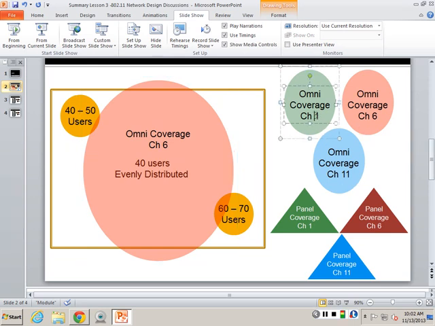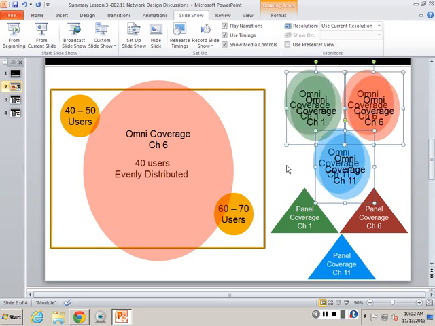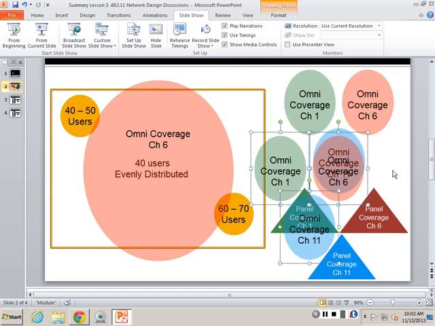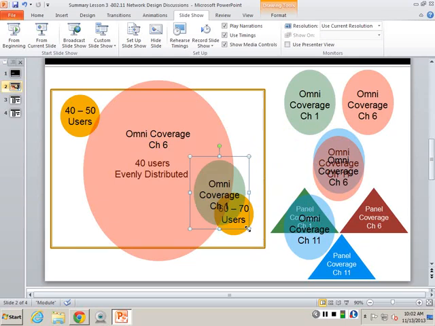You have one with channel 1, one with 11, one with 6. Let me get those down where I can grab them here. That's the power we managed fairly, pretty small.